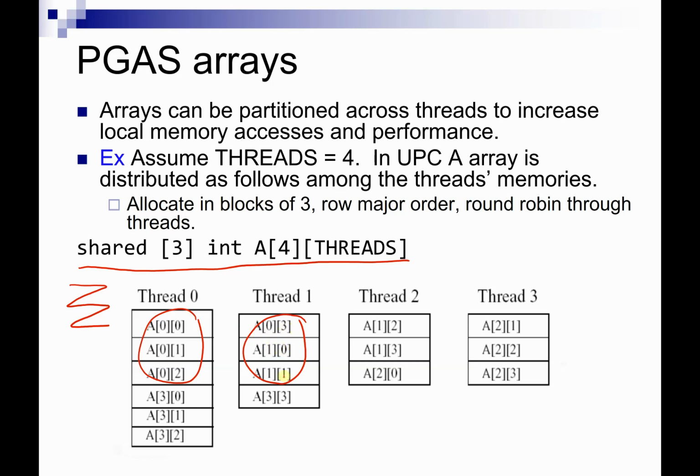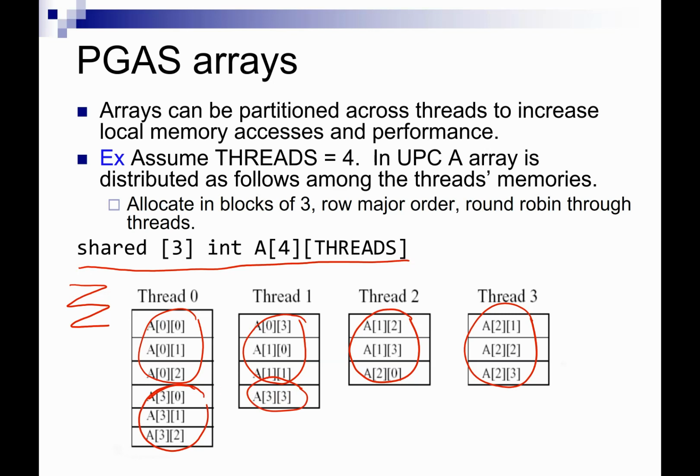So these 3 values go onto thread 1, and then the next value after A11 is going to be A12, and so the next 3 values go onto thread 2, the next 3 values go onto thread 3, and then after A23 we have A30, and the next 3 values go to thread 0, and the final value goes to thread 1. So this is one way that you can partition a matrix or an array among multiple threads.